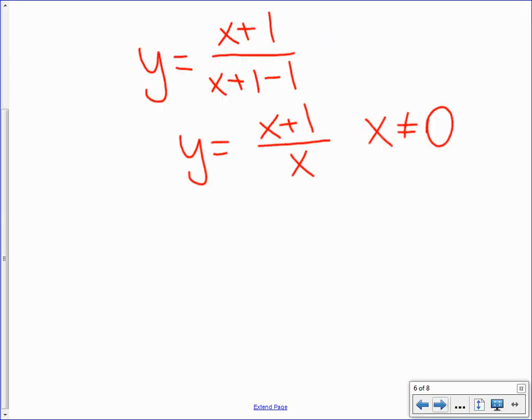Okay, so this might be some good review. How do we graph one of these things? What's happening at x equals 0? It is not a hole. There is an asymptote at x equals 0. Okay. We also have a horizontal asymptote. Does anybody remember where our horizontal asymptote would be in this graph?